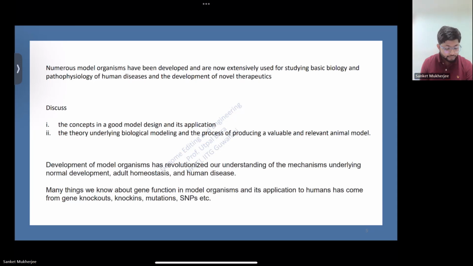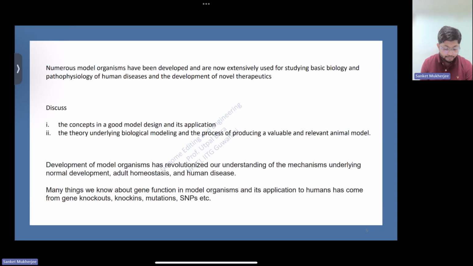In the lectures we have discussed the concepts in good model design and its application, and the theory underlying biological modeling and the process of producing a valuable and relevant animal model.